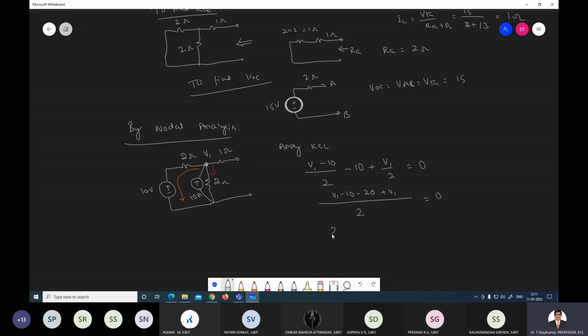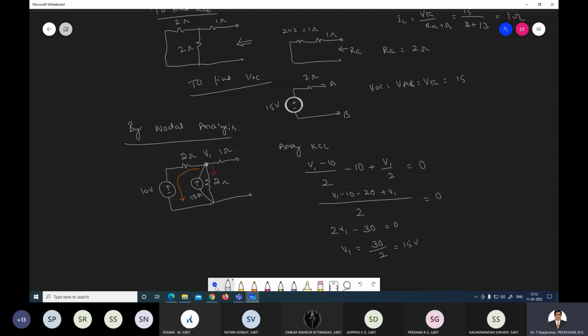This we can write as 2V1 minus 30 is equal to 0, and therefore V1 is equal to 30 divided by 2, that is equal to 15 volt.